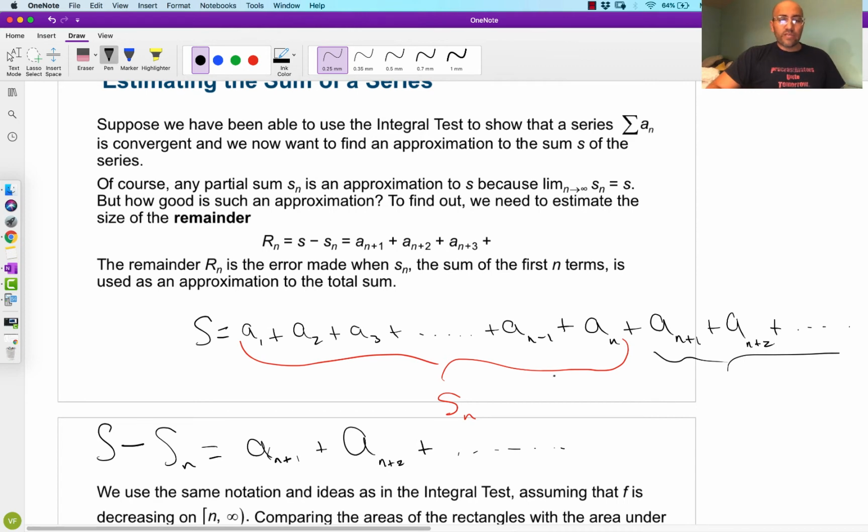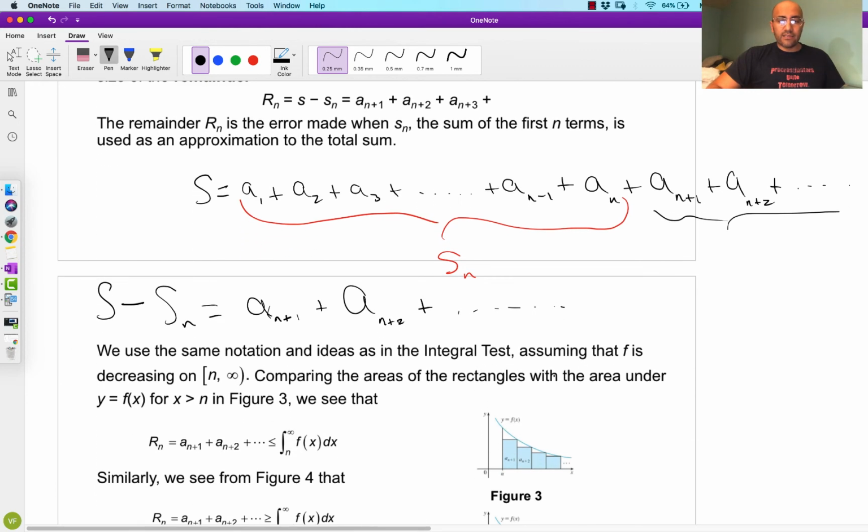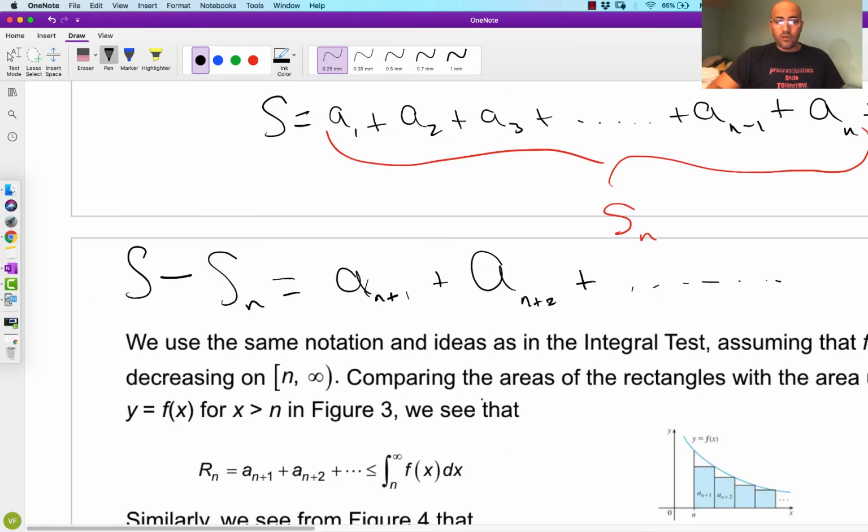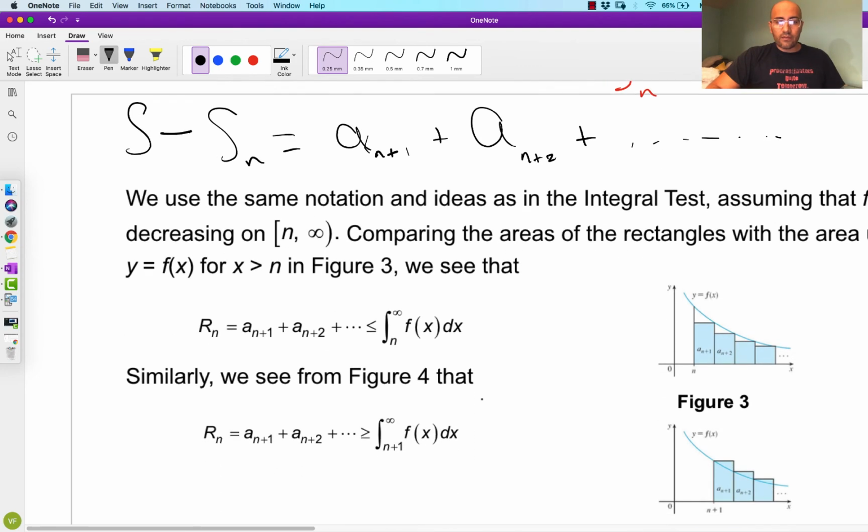We use this same notation and ideas as the integral test, assuming that f is decreasing from n to infinity, and comparing the areas of the rectangles with the area of the function y equals f of x for x greater than n. In the figure we see the following.